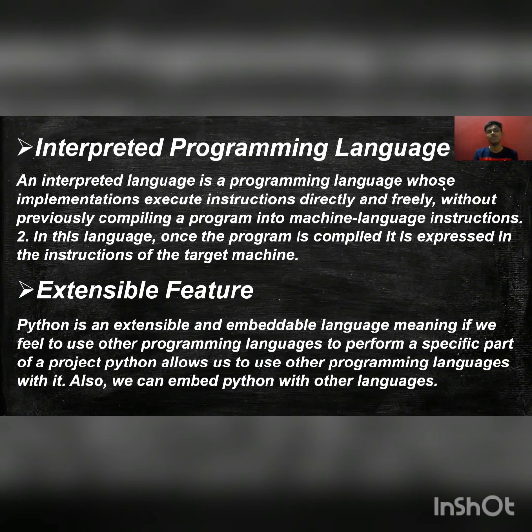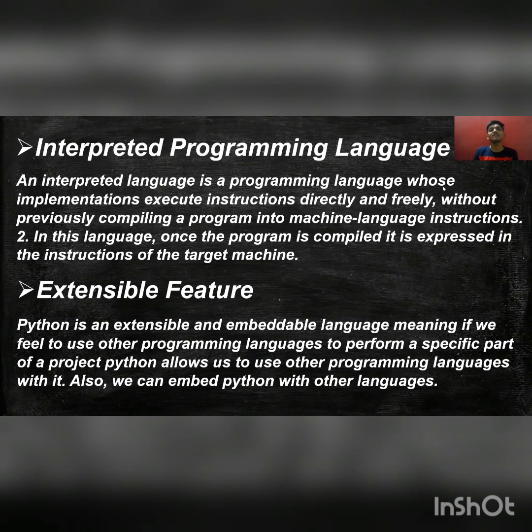Okay. Why is Python an interpreted programming language? Because its implementations execute instructions directly and freely without previous compiling of the program. We can execute instructions directly and freely without any previous compiler. That's the reason why Python is an interpreted programming language.